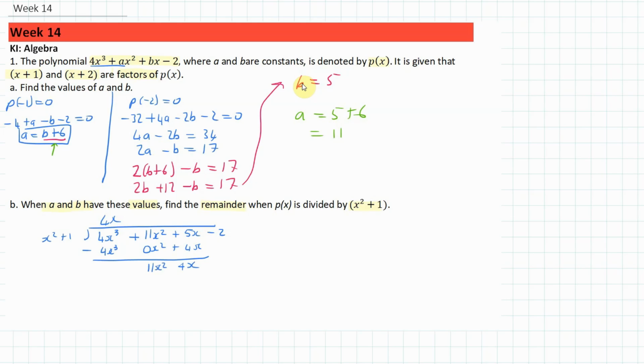Now 11x squared, so we need to go plus 11 for our second one, which will give us 11x squared plus 0x plus 11. Bring down that 2. And as we take away here, we'll get 1 take away 0, so that's x, and then minus 2 minus 11, which is minus 13. So this is our remainder here.